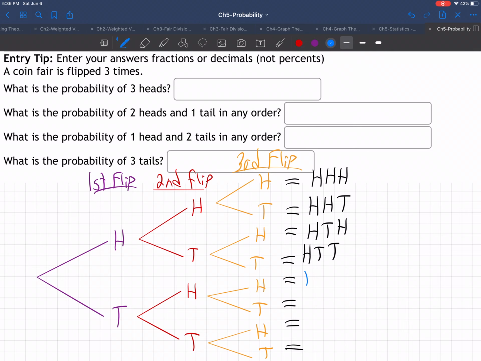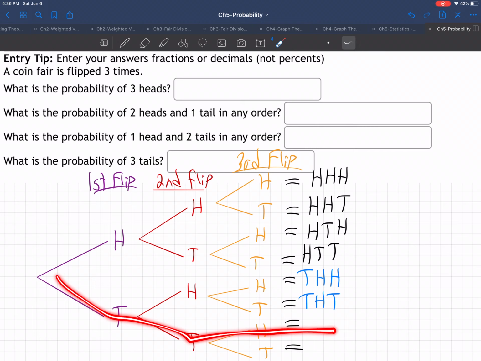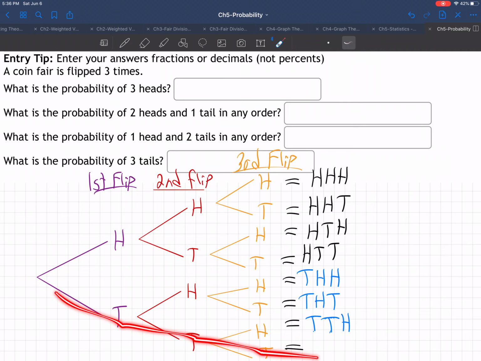And the next one, tail, head, tail. Goes there. Tail, head, tail. And then tail, tail, head. Goes here. Tail, tail, head. And finally, tail, tail, tail goes there.